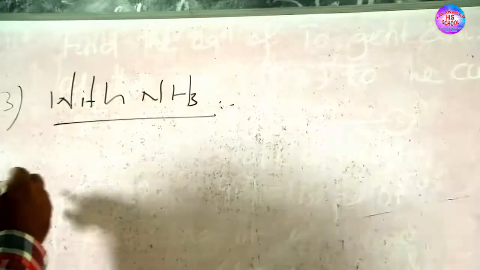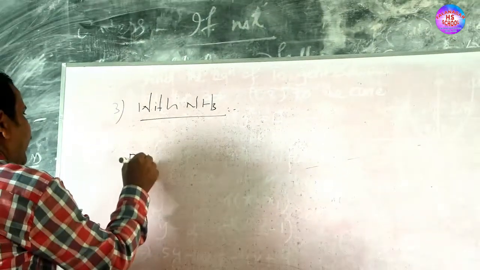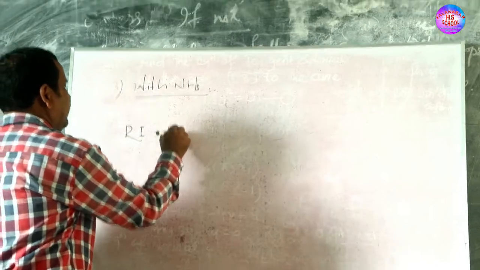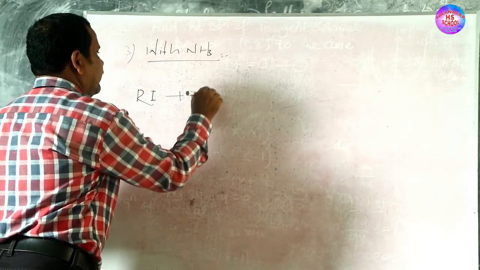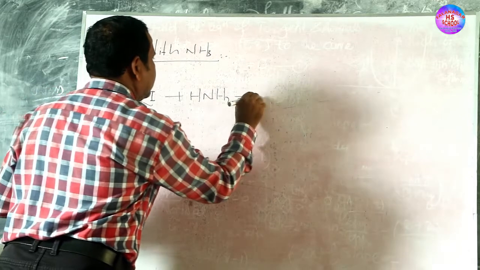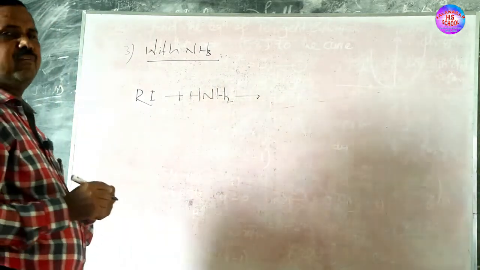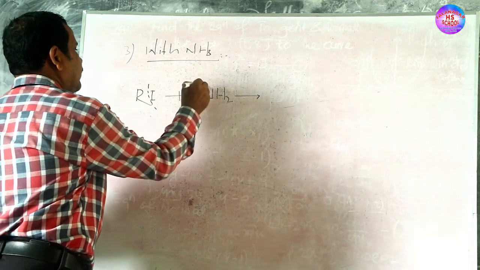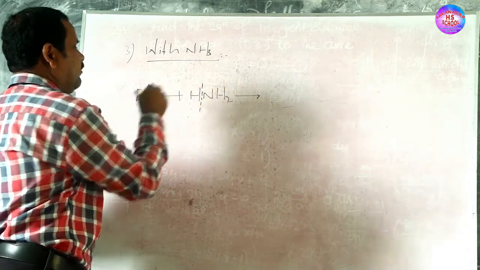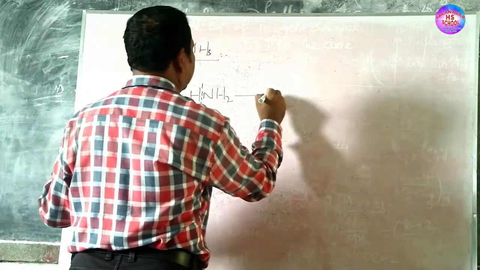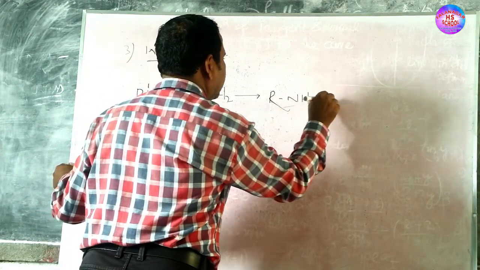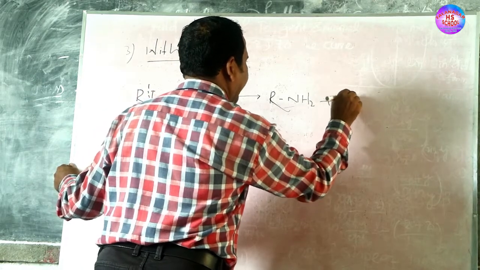Suppose you take your alkyl iodide, RI. It reacts with ammonia, which we can write as HNH2, to form RI bond breaks and the H-NH2 bond breaks to produce R single bond NH2 plus HI.